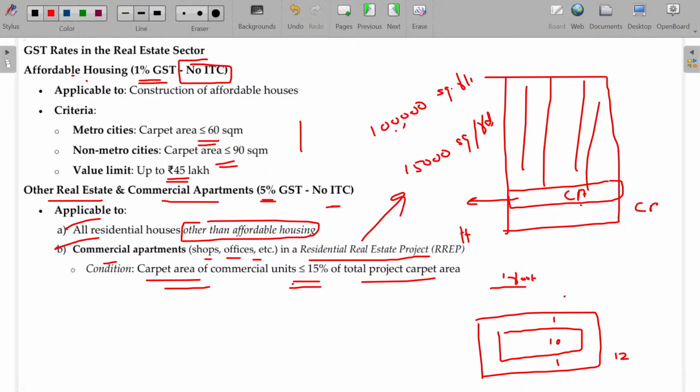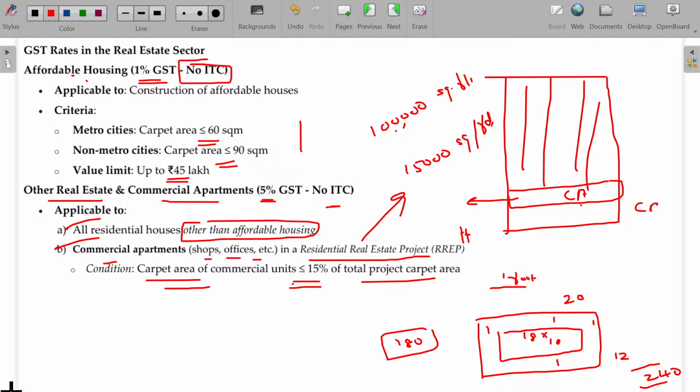Here this may be around 20, and here 1 and 1, then it is 18. 18 and 10, 180 will be the carpet area. 20 and 12, 240 will be your area of construction. You need to understand the difference between area of construction and the carpet area.